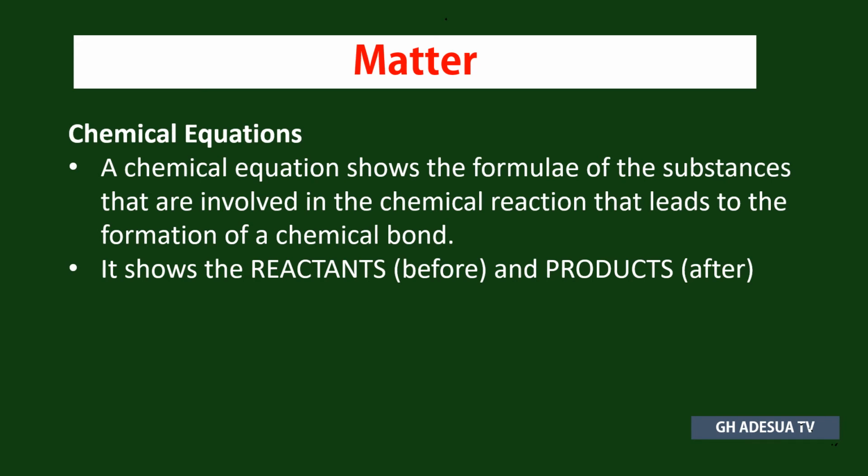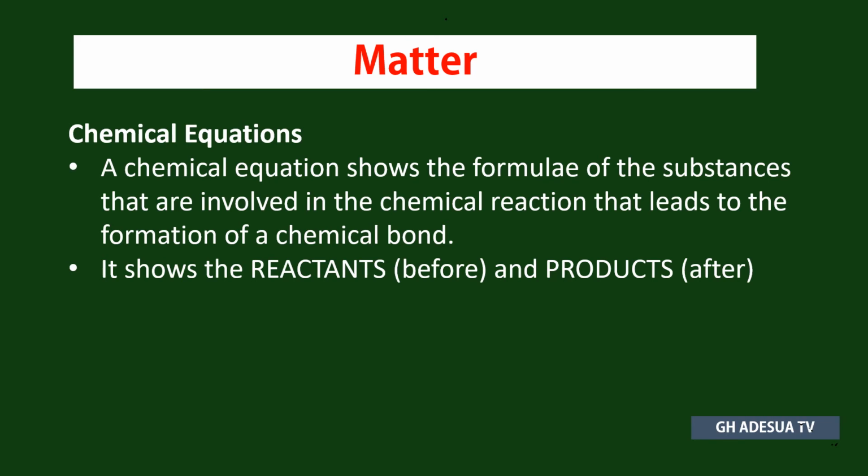So we look at chemical equations. Now we say that a chemical equation shows the formulae of the substances that are involved in the chemical reaction, and this leads to the formation of a chemical bond. So in a chemical equation, we have the mathematical representation of the various reactants, the substances that combined, and the products, the substances that were formed after the reaction.